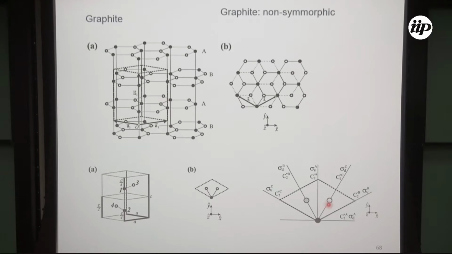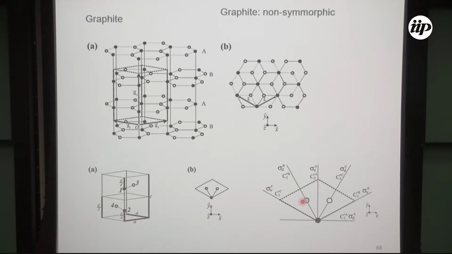Look at here. If I do C6, a six-fold rotation, the white atom comes to the gray position here. But they are not in the same plane, so that cannot be.